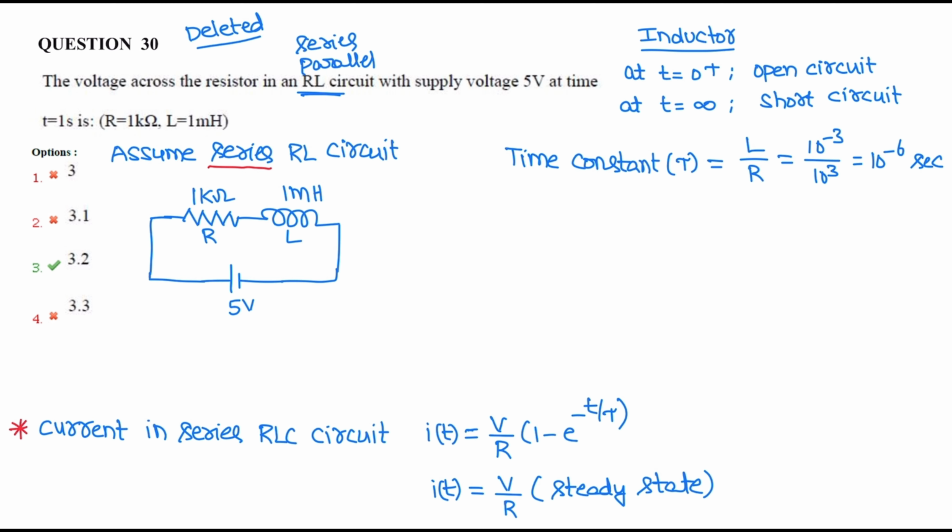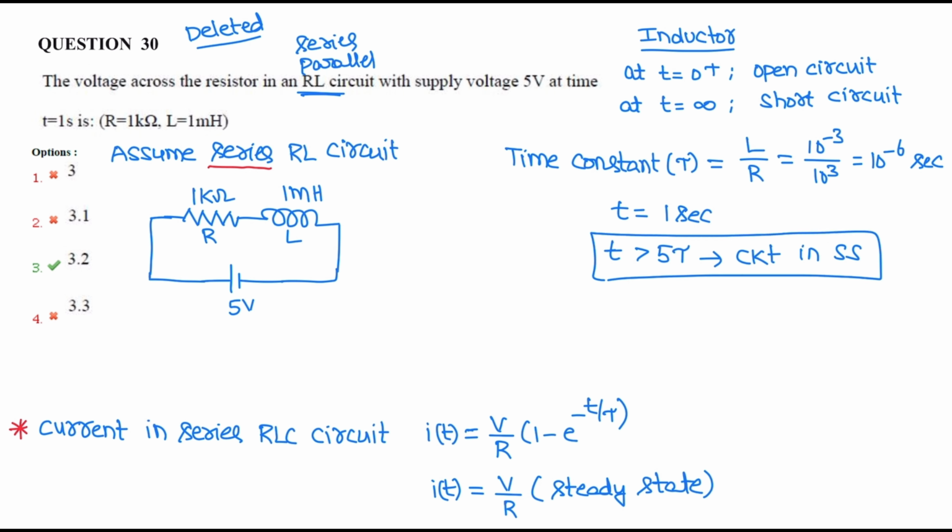Now, current in a series RL circuit is I equal to V by R times 1 minus e power minus t by tau. If it is in steady state, here the time t is equal to 1 second. If time t is greater than 5 times the time constant, then the circuit is in steady state. This is the condition to find whether the circuit is in steady state or not.